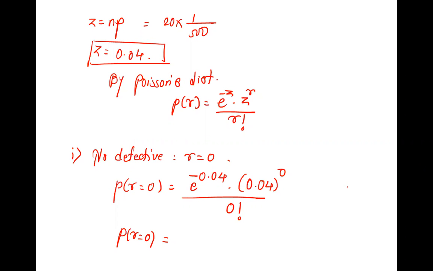On calculator, you are just writing E and then directly minus 0.04. Don't write raised to there. So what is the answer? 0.9607. Right?